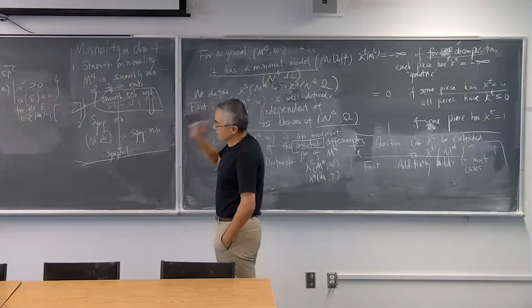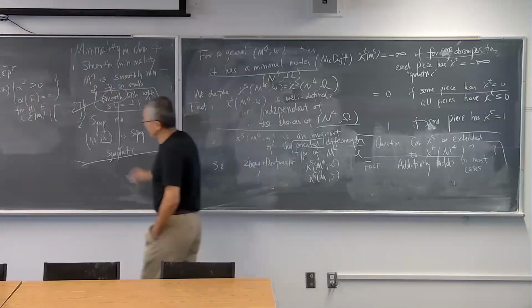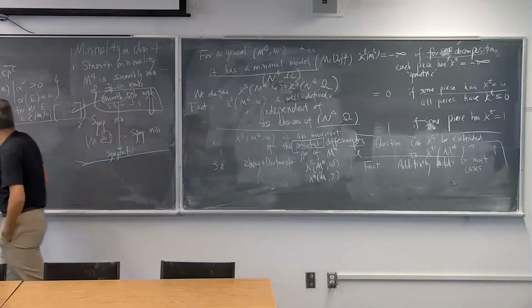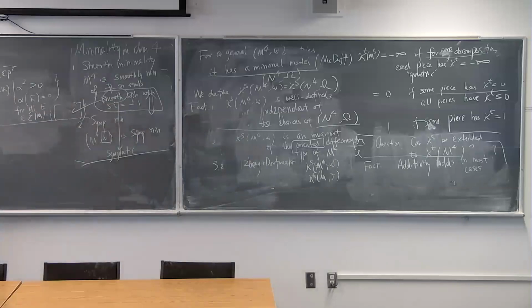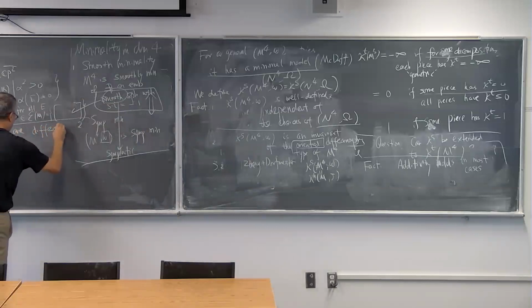So we know which class can be realized by a symplectic form, and that cohomologous symplectic forms are diffeomorphic.